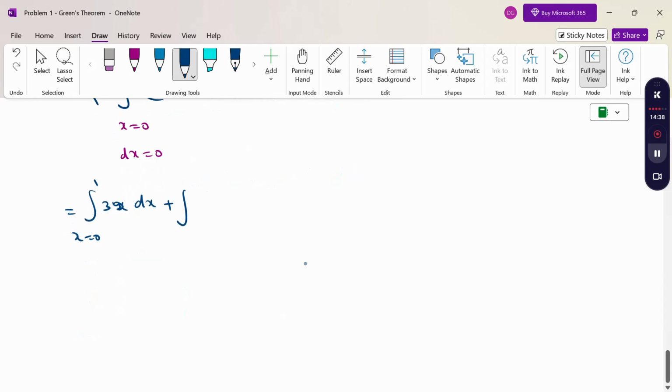Therefore 3x minus 8, where y squared is (1 minus x) squared, into dx, then plus 4y, which in terms of x is 1 minus x, minus 6x into (1 minus x) into dy, which is minus dx.